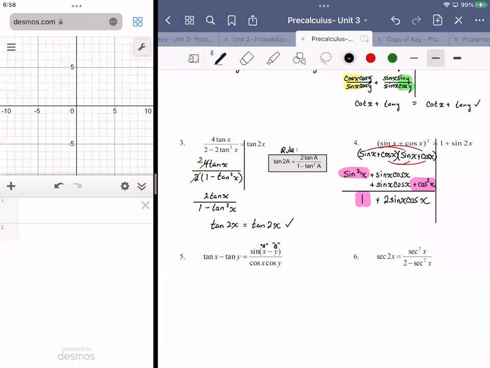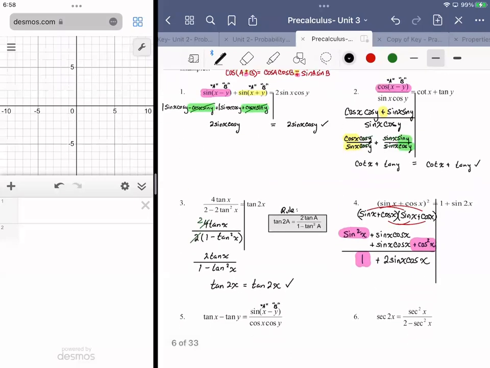Now, you might look at this, and it speaks to what I was talking about before. It was a problem on the previous page, the top left problem: the sine to the 4th minus cosine to the 4th, where you may not recognize a rule, but common sense tells you that it has to be a rule, because in order for the left side here to equal the right side, this must be equal to sine of 2x.